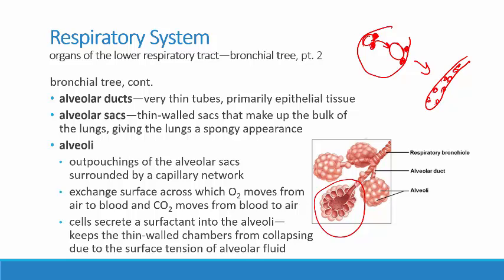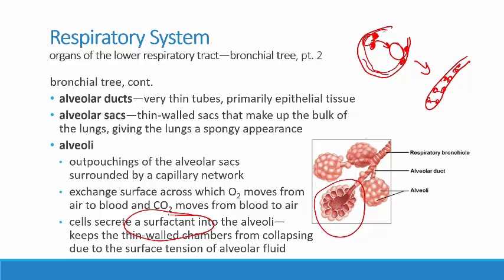And so the epithelial tissue here is interspersed with secreting cells, and those cells put into the fluids that they secrete here, keeping the alveoli moist, a material called surfactant. If you look, you'll see that surfactants are found in a lot of our dishwashing liquids.